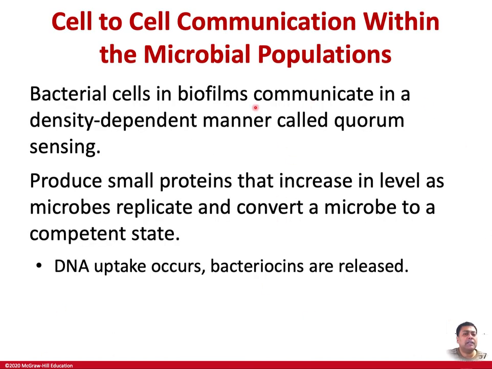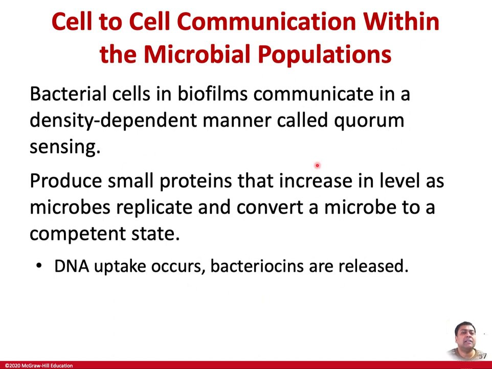Essentially, this was an example in Streptococcus pneumoniae. What happens is that all these bacteria, when they are inside the tissue and replicating, will release a peptide, and at a certain concentration of this peptide, they will become competent cells.